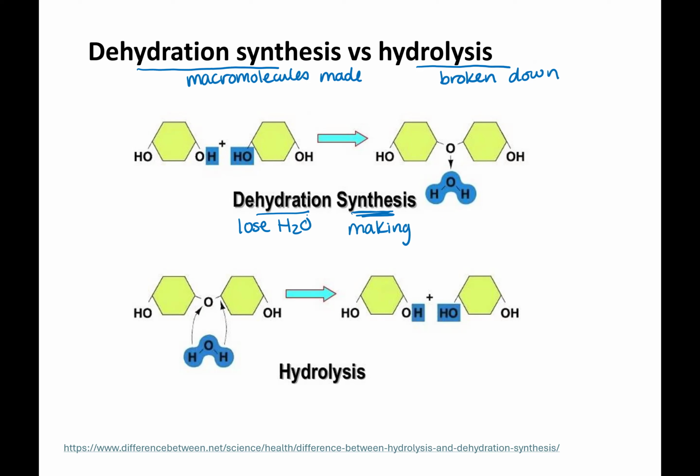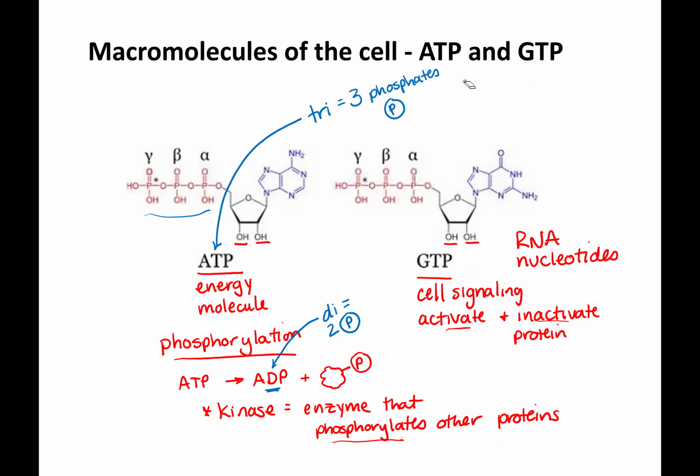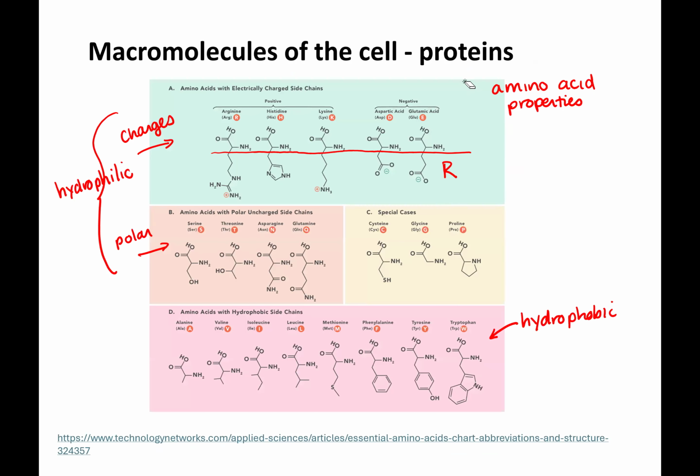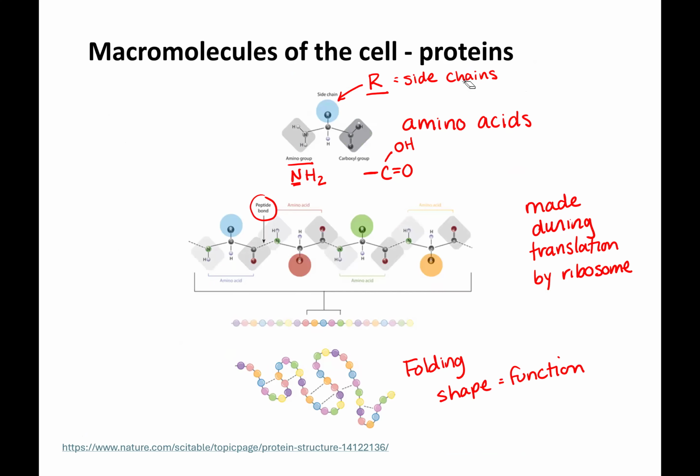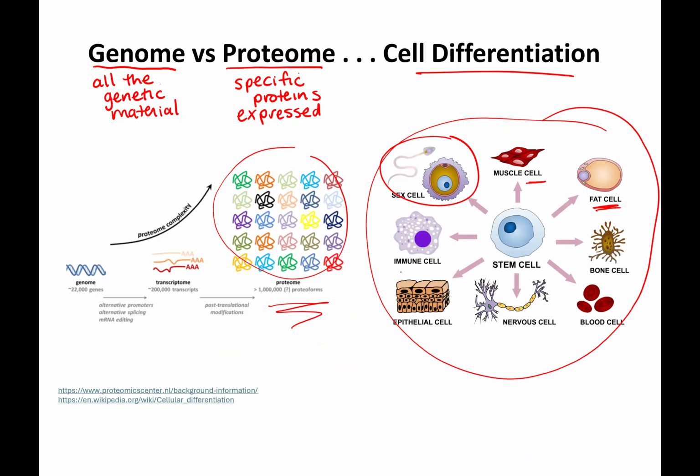So in order to make a bond, for example, a peptide bond, let me go back here, right? So this dashed line, this peptide bond that helps connect amino acids, that's made by dehydration synthesis.